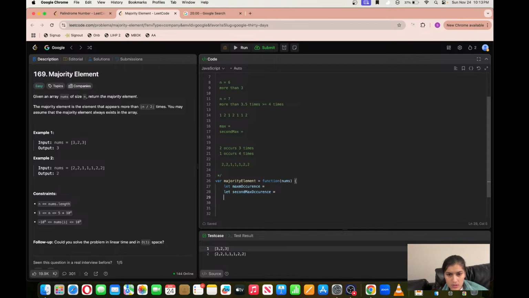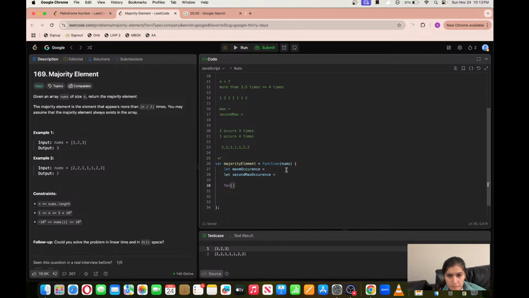Okay, so there will be 2 numbers, and then while I'm going through it, actually what I can do is an occurrence map for maximum and second maximum.